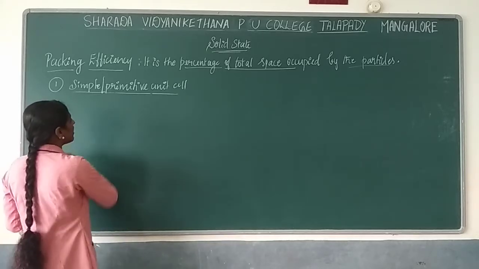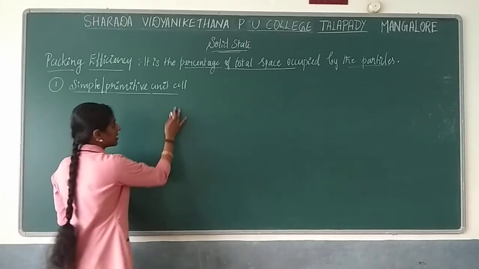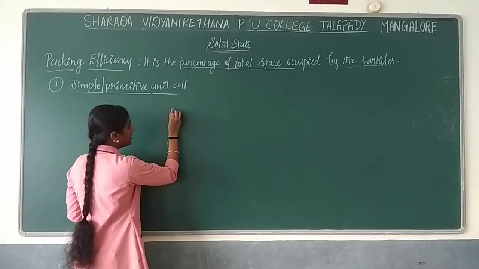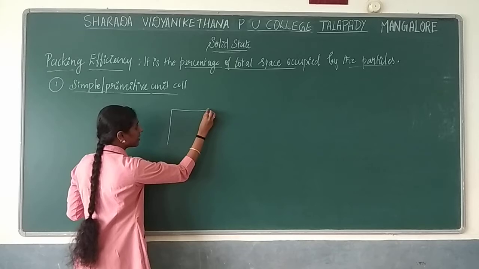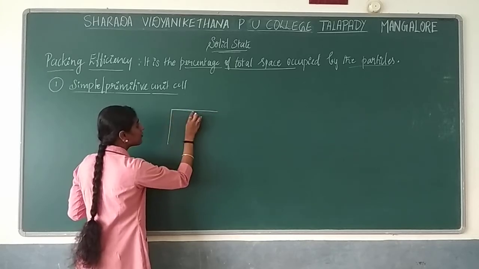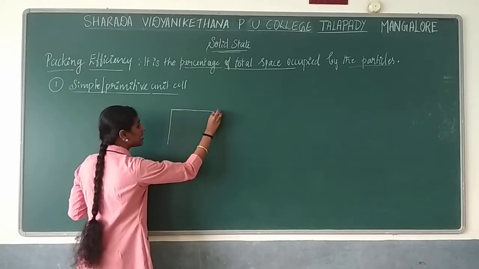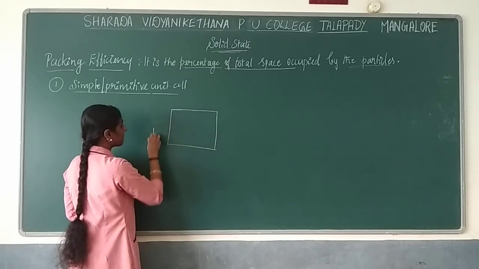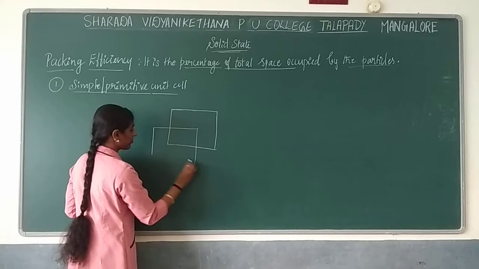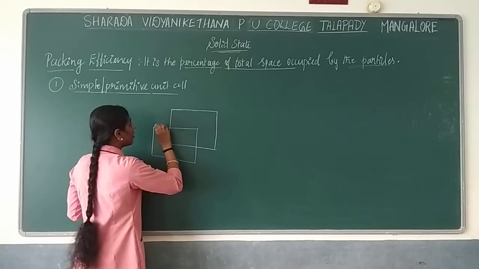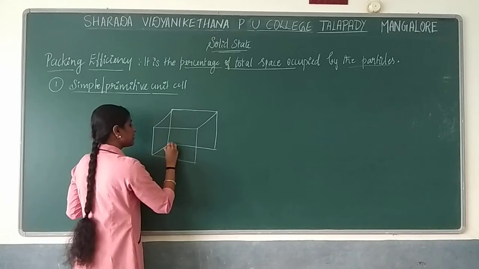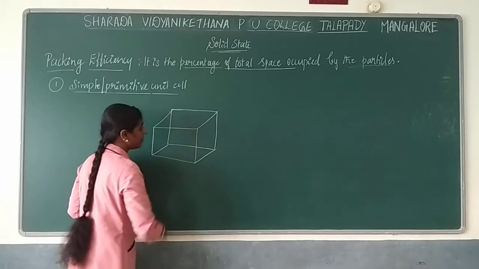So now we'll go with the first one, that is simple or primitive unit cell. If you go with the diagram of it, how will you draw the diagram of a cubic unit cell of simple or primitive unit cell? So consider this is your simple or primitive unit cell.